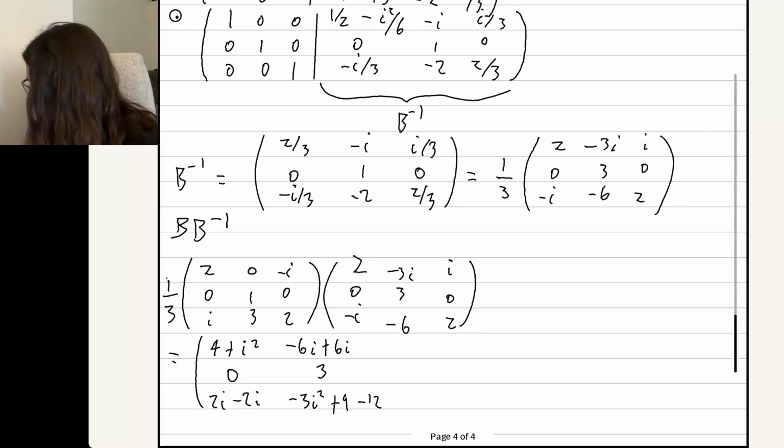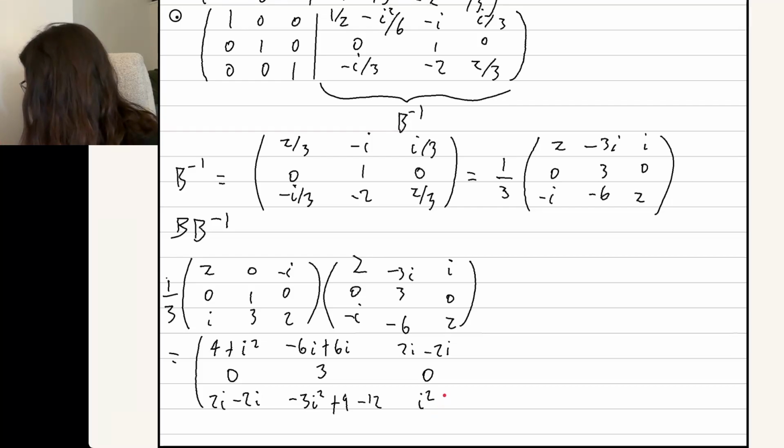We've got 2 times i, which is 2i. 0 times 0, minus 2i. 0 times i is 0. 1 times 0 is 0. This whole thing is 0. i squared plus 2. Or plus 4, actually. Haha. And then the whole thing is divided by 3.